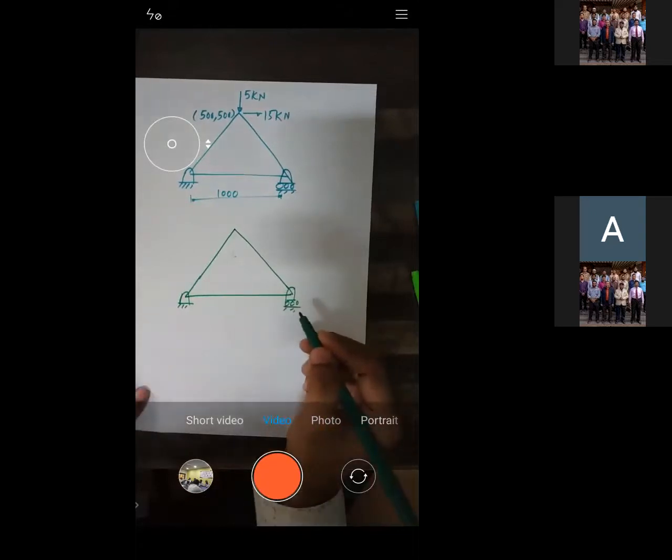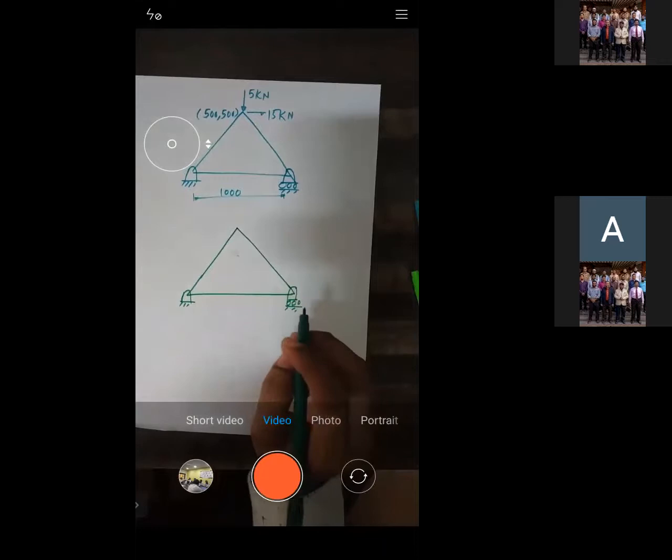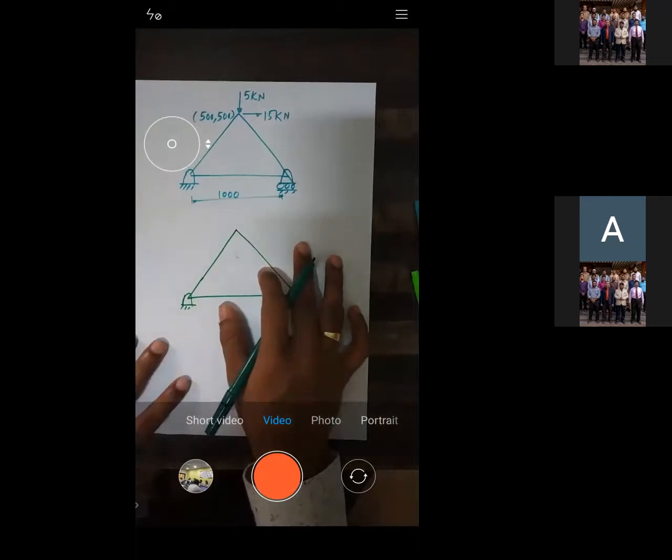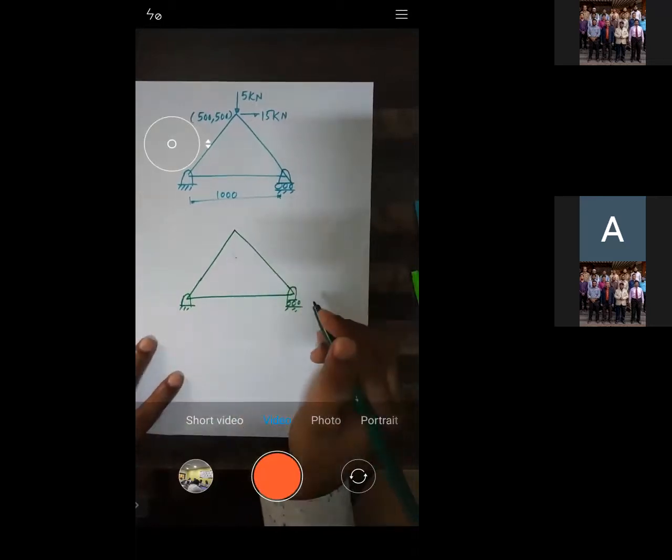Which element I should take as element number 1, element number 2, in any manner we can, not a problem.